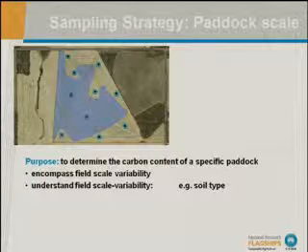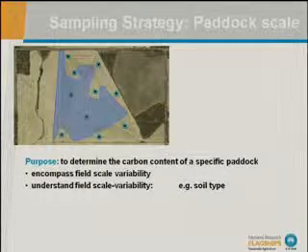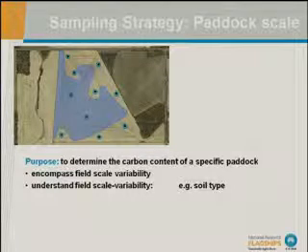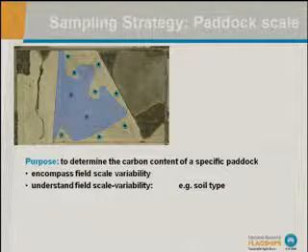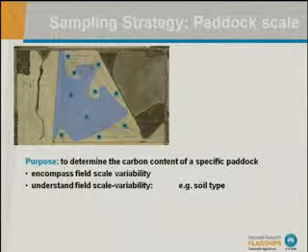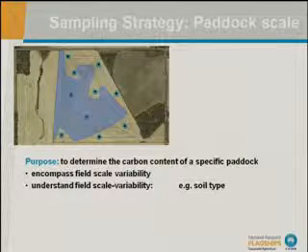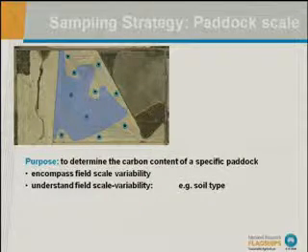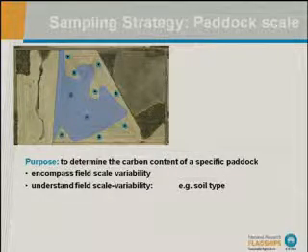So just to highlight, if the blue zone represents a different soil type, so if we've got contrasting soil types within that paddock, and we've randomly thrown out our points of collection for our sampling, it might happen that we only have a couple of those samples falling within one soil type, and then we run into potential issues of misrepresenting the carbon content of that paddock, particularly if you go back in subsequent years and your random sampling falls out at different points.